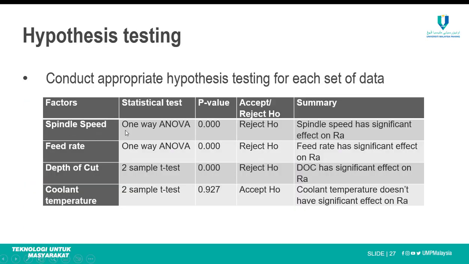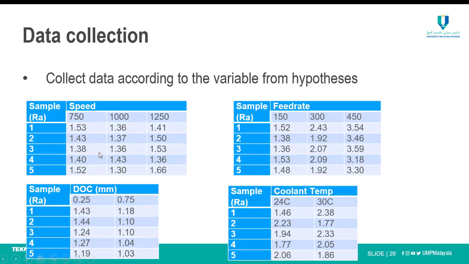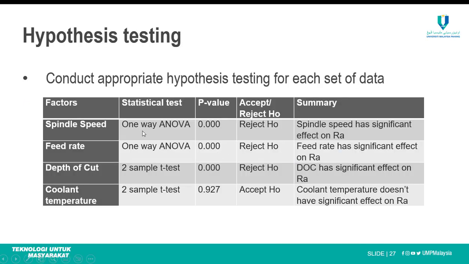For spindle speed and feed rate, since we have three groups of data, we normally utilize the ANOVA test.